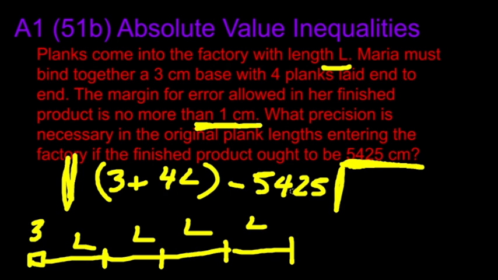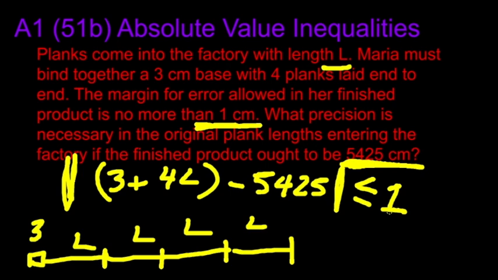If my length is smaller, it's still going to give me a positive number. It's going to tell me whether I'm more than 1 centimeter off. We want to not be more than 1 centimeter off, so we want our error to be less than or equal to 1 centimeter. And that would be the problem that I could set up to solve.